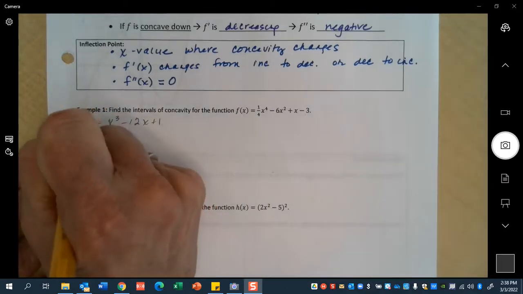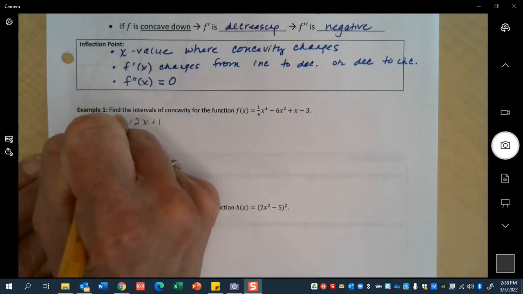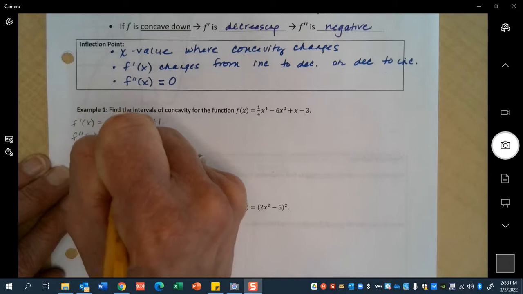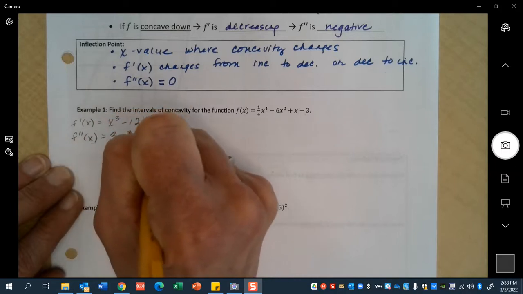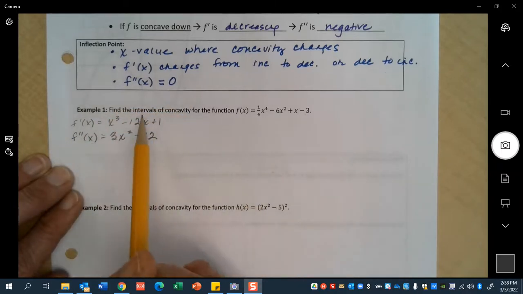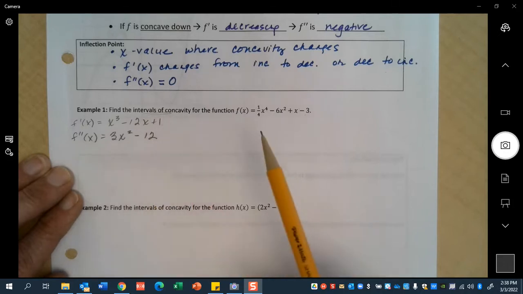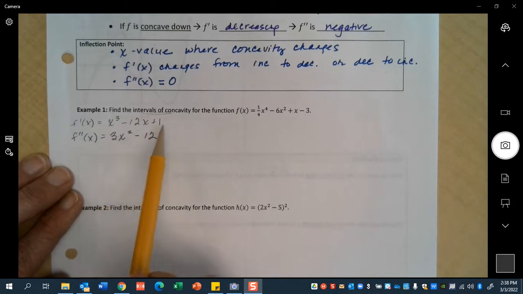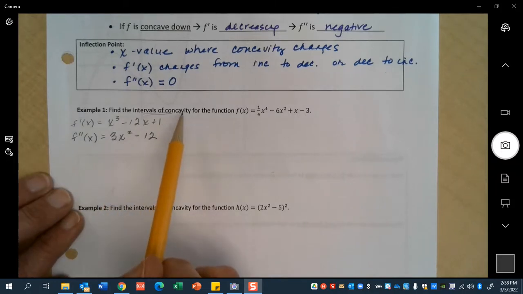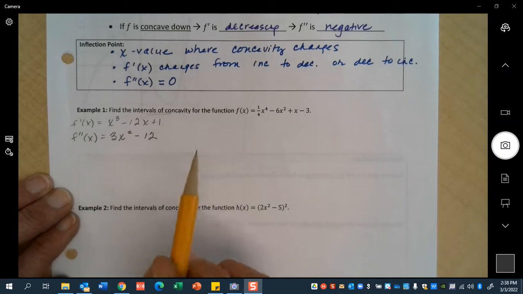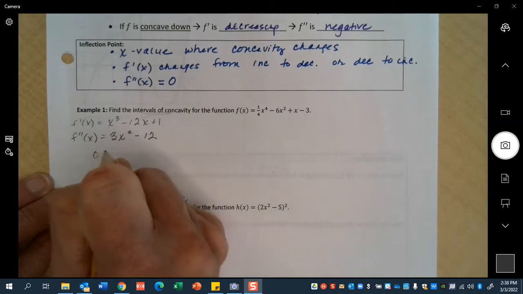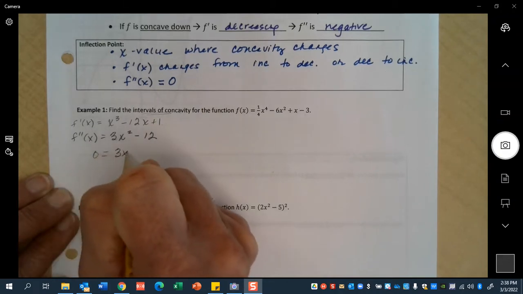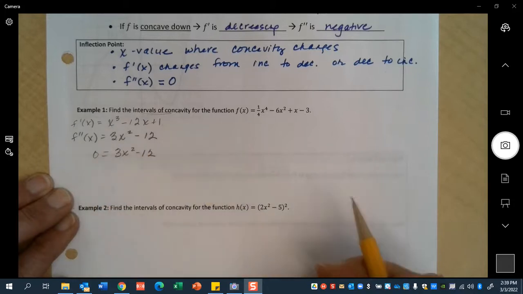I'm going to go right ahead and take my second derivative of this function, 3x squared minus 12. If I'm looking for my intervals of concavity, I want to know, where does my second derivative equal 0? That's going to be my points of inflection, and that's going to determine my concavity. So I'm going to set 0 equal to 3x squared minus 12.